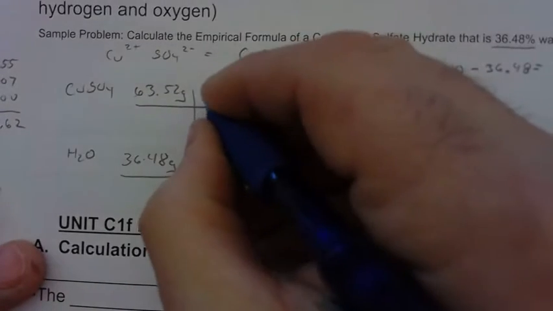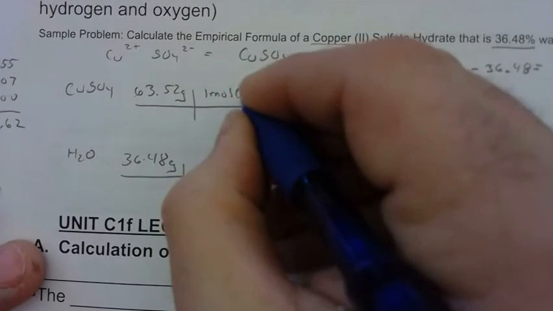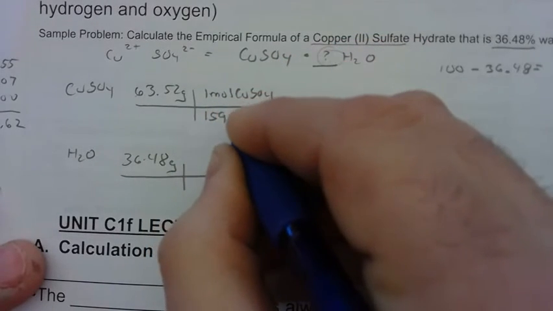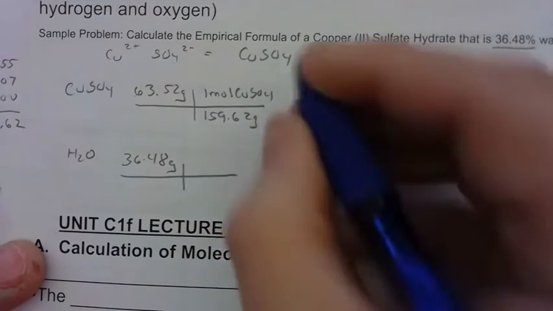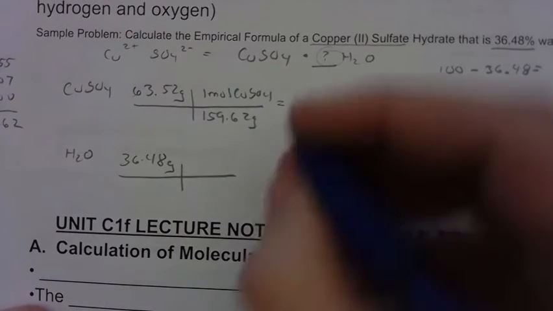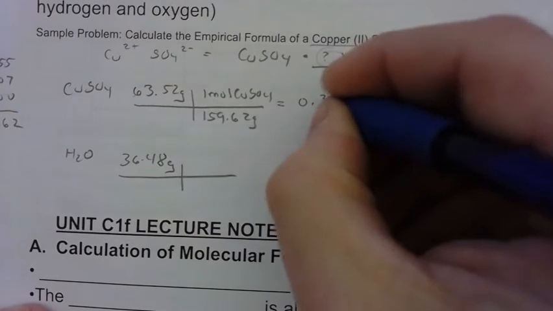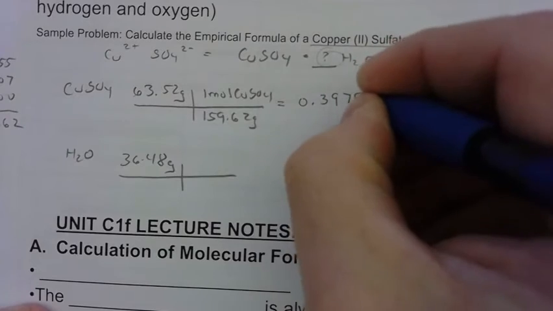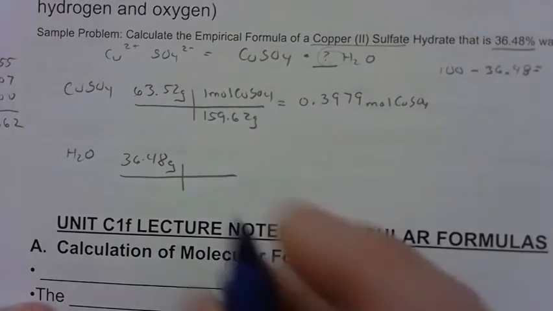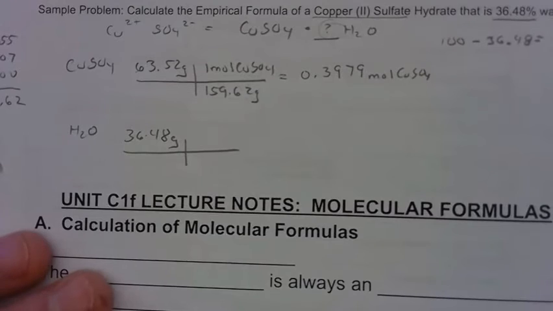So I know that 1 mole of CuSO4 is equal to 159.62 grams. So I take 63.52 divided by 159.62, and I see that that is 0.3979 moles of CuSO4.